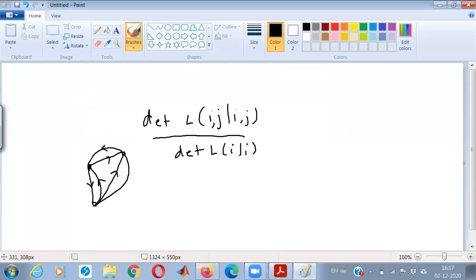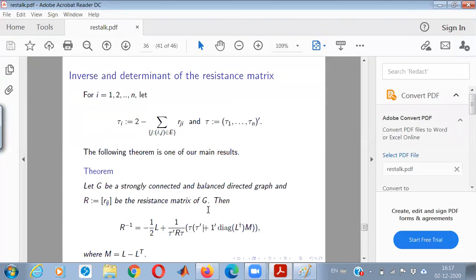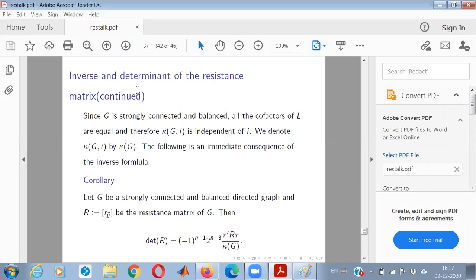So it generalizes the earlier setup. And so if the graph is undirected, then this M will vanish and you will get the earlier formula. So our basic guess is that many of the properties of the undirected graphs continue to hold in this case. And I just mentioned one more property.